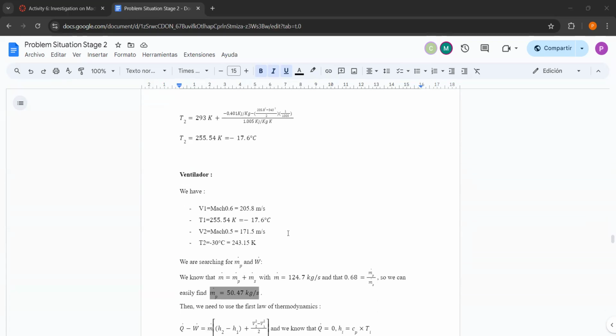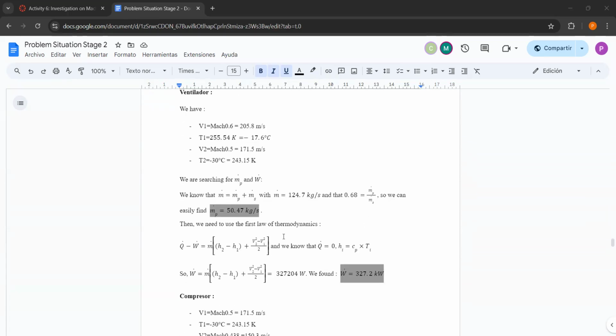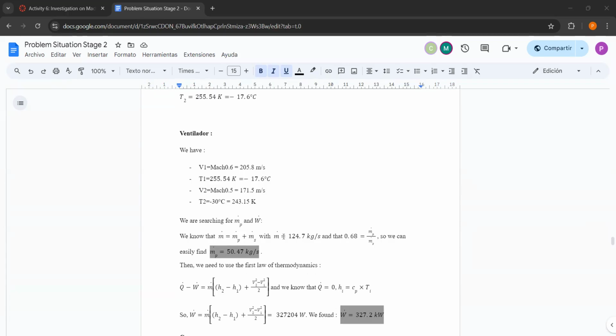Now, going with the ventilador. For the ventilator, we had a lot of info at the beginning. We use the first law of thermodynamics. First, we needed to know the flux which goes into the nucleo of the engine.